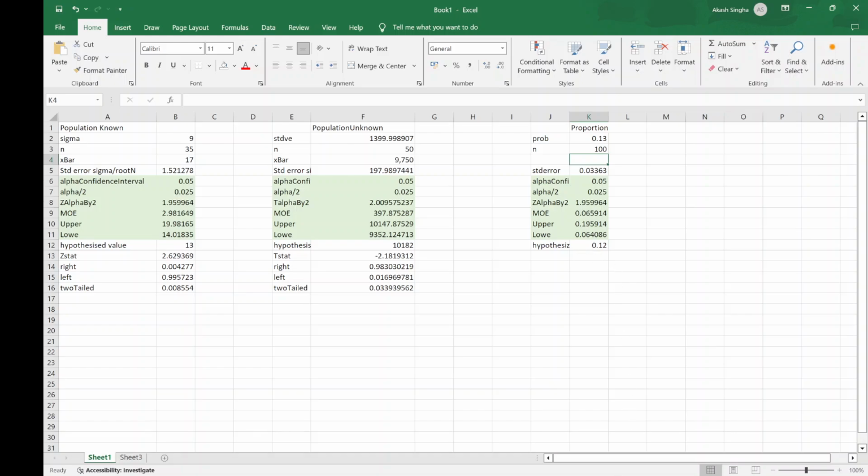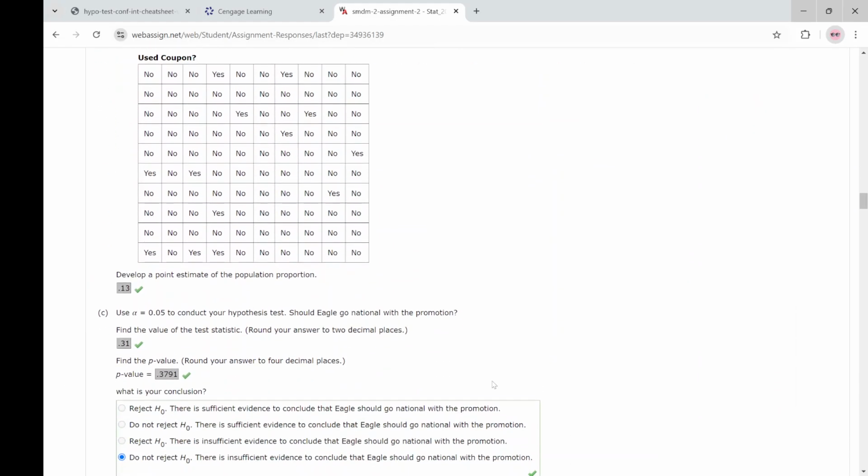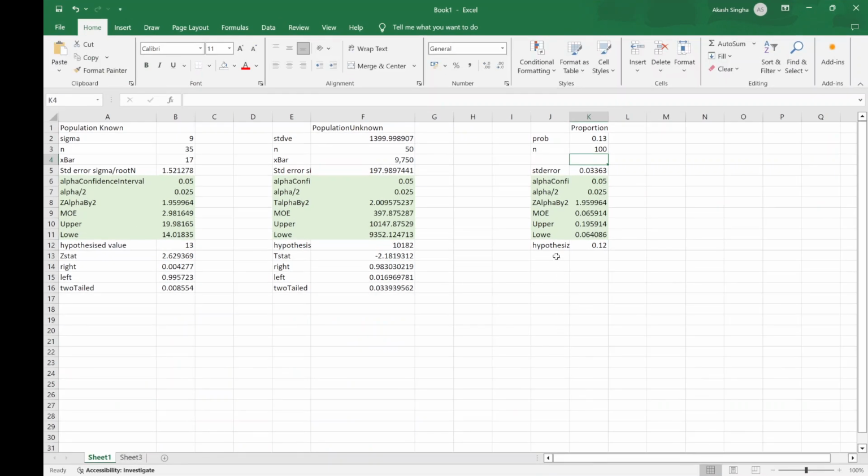So hypothesis is 0.12. Now using alpha as 0.05, conduct your hypothesis test. So for here we use z statistic always, right? Z stat, and that is equals to this minus, sorry, sample minus actual.